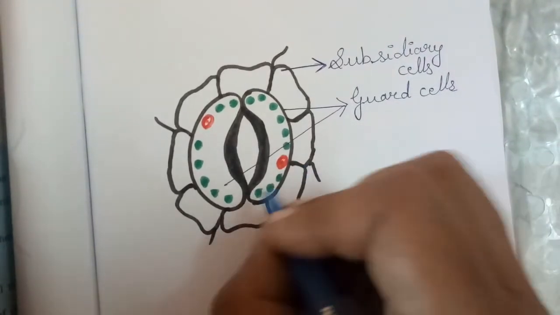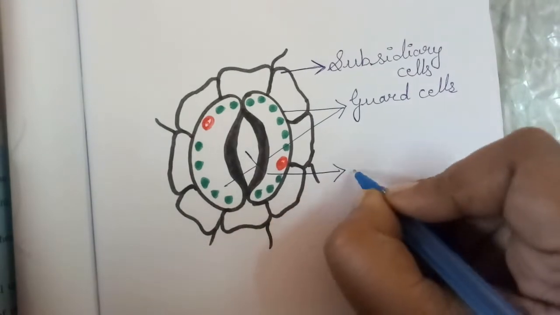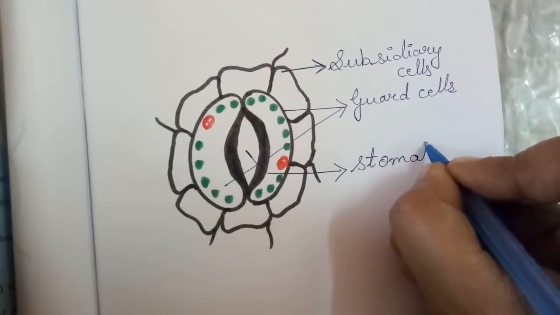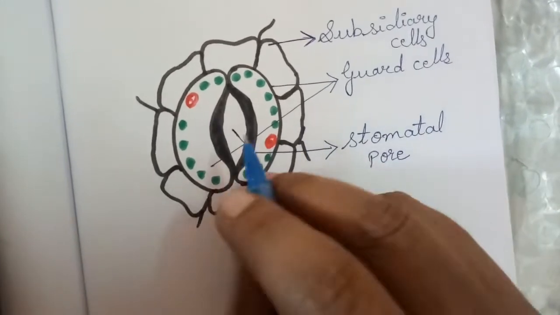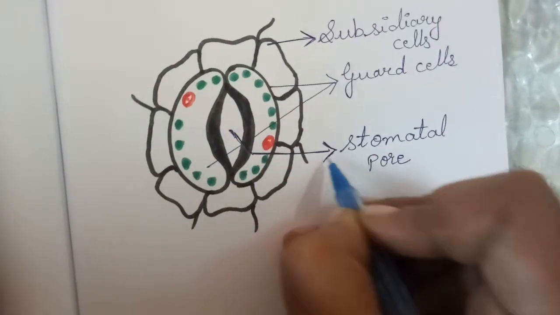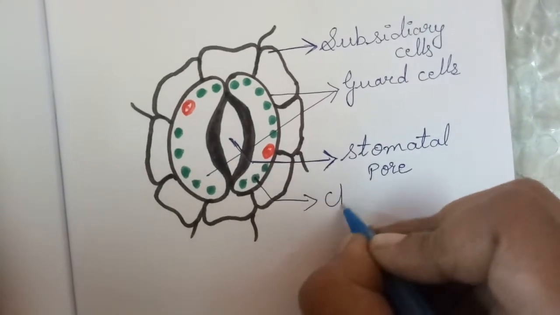Okay, and then this opening is called the stomatal pore, or stomatal aperture. This opening of the stomata is called the stomatal pore. Then these are the chloroplast.